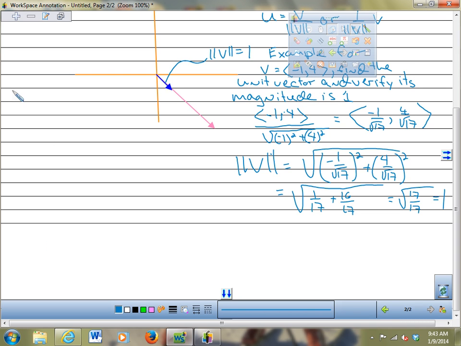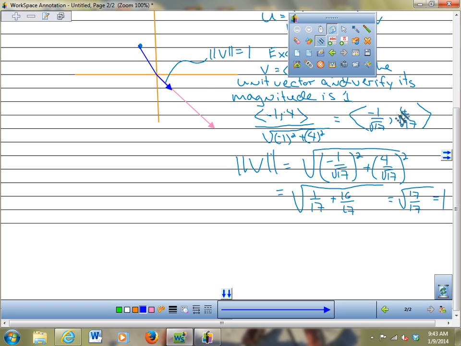You get that? Better. So in other words, if I had some vector that goes from 0, 0 to negative 1, 4, right? So here's this vector going up like this, okay? So that vector has a magnitude of the square root of 17.